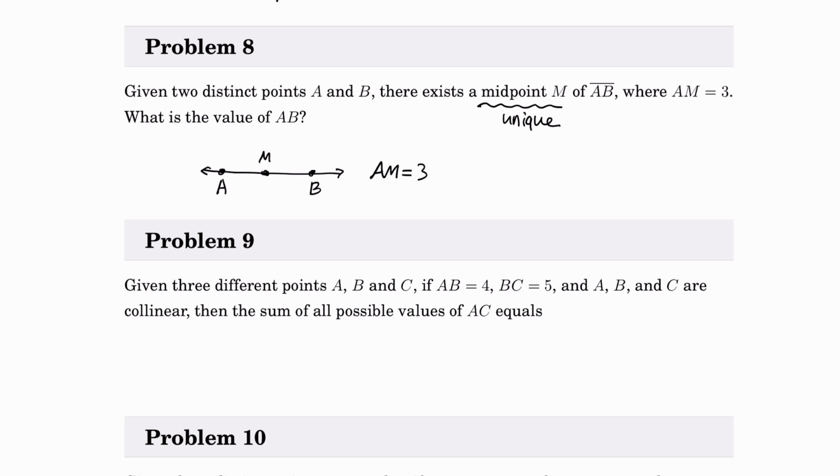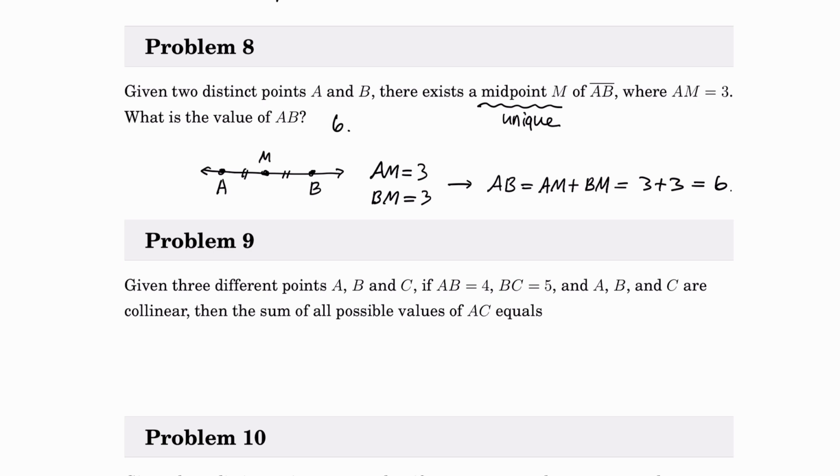This indicates that we have BM equals 3. Now we need to find out the length or the value of AB. The length of AB would be AM plus BM, which is going to be 3 plus 3. The answer becomes 6, according to the segment addition postulate.